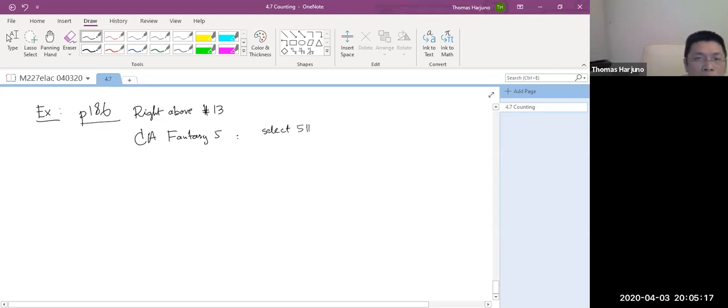You can Google it later on how to play this Fantasy 5, but basically you select 5 numbers regardless of the order from these 39 numbers. Now, the question is, what is the probability that all 5 are correct?